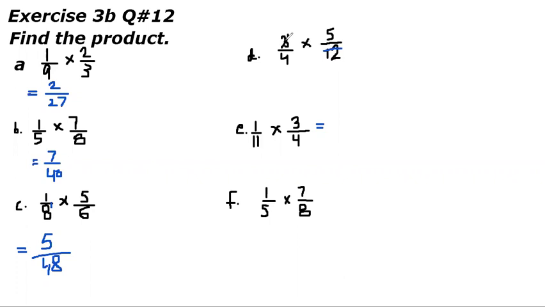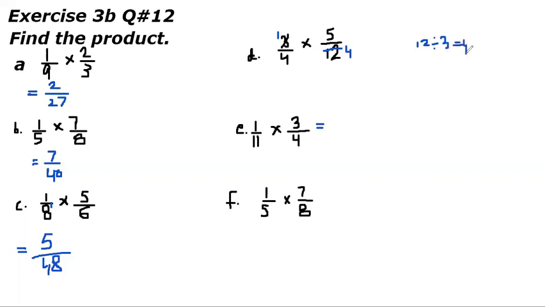Okay, now I will read the table. 3 times 1 is 3. That's why I have written 1 here. 3 divided by 3 gives us 1. Now I will cut 12 and I will write here 4. Why am I writing 4 here? Because when we divide 12 by 3, it gives us 4.